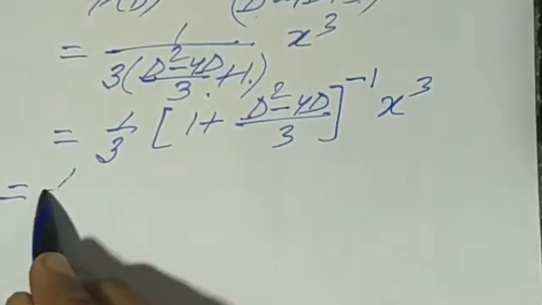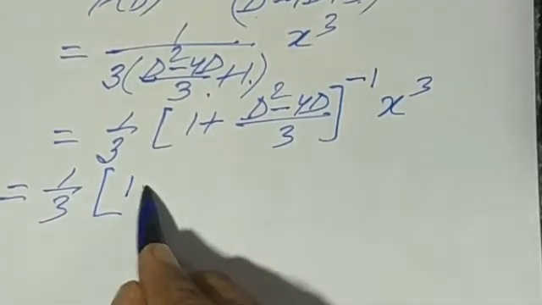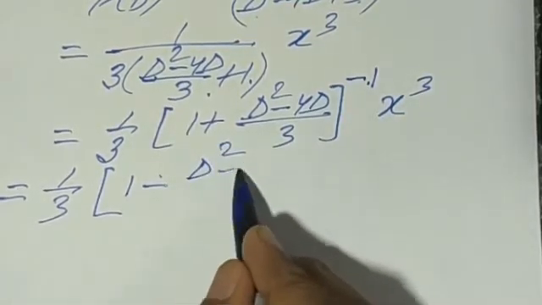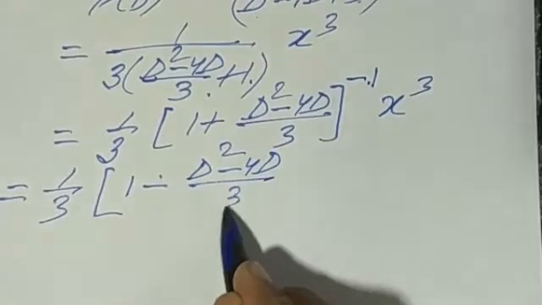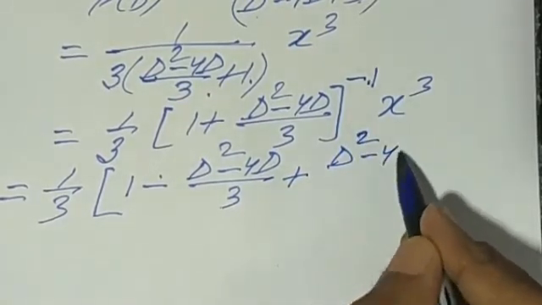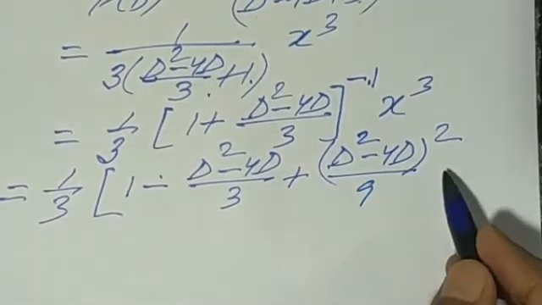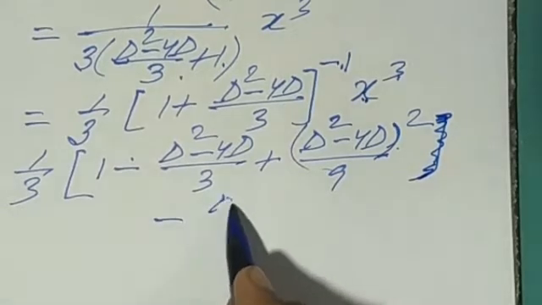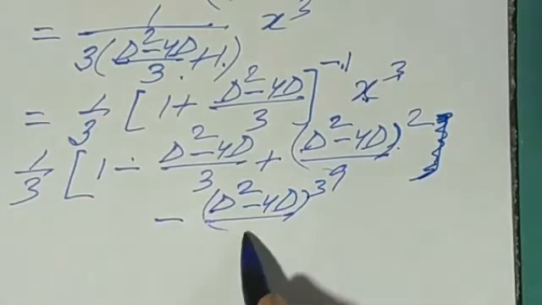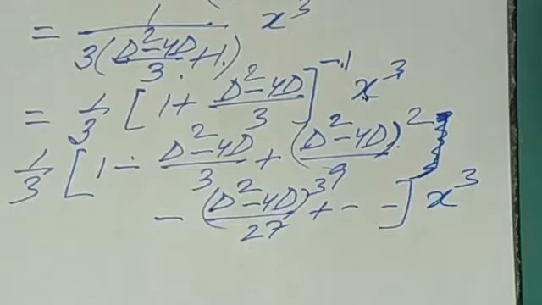Now we have to expand it by binomial theorem. So first 1 plus, into minus, D square minus 4D upon 3, plus D square minus 4D whole square upon 9, and minus D square minus 4D whole cube upon 27 and so on, x cube.